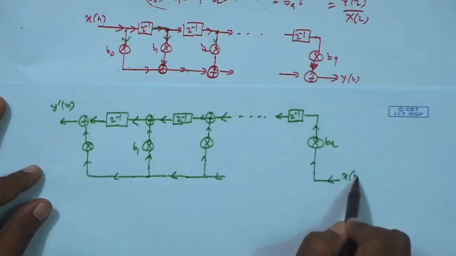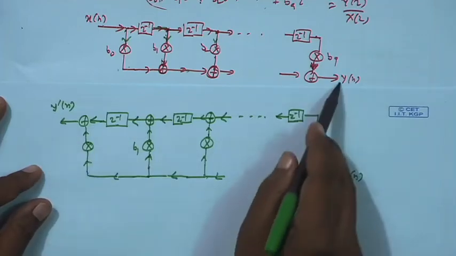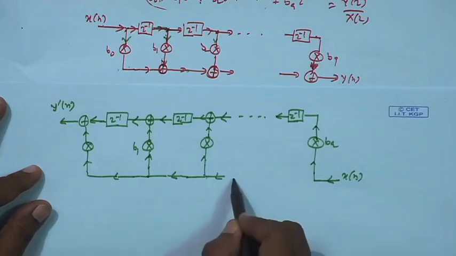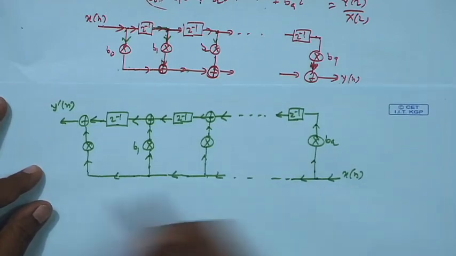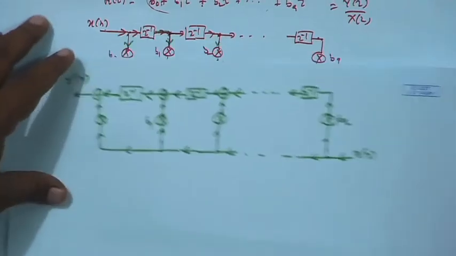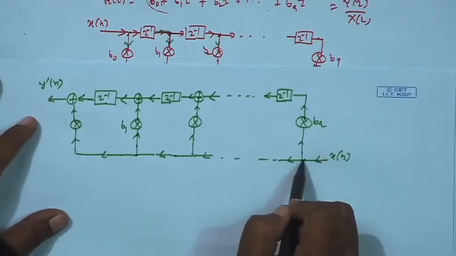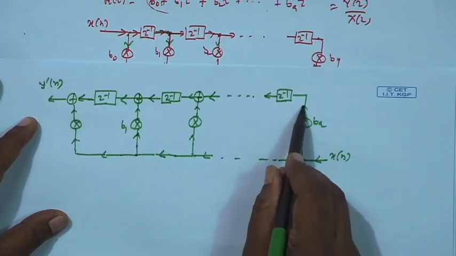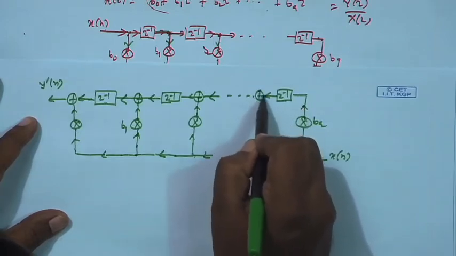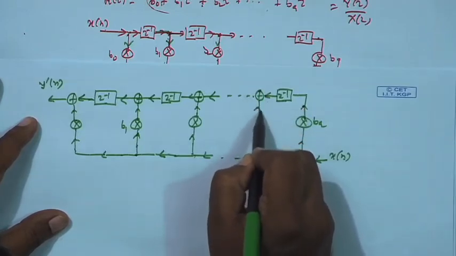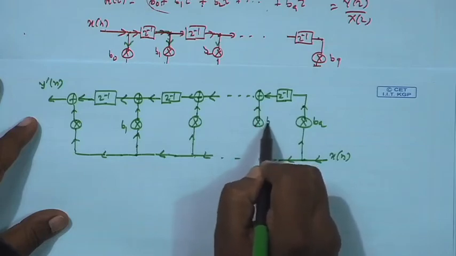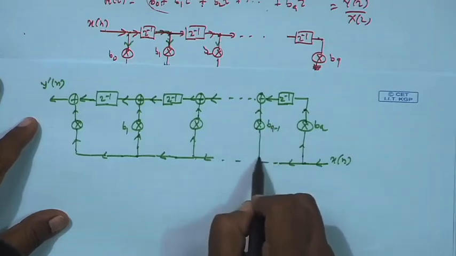I give the same input now, input output exchange. This is the input now, in this direction, right. This is a structure. These two structures are equivalent, because what is happening here is the x(n) is going in this path. There is an adder again. Let me draw b(q minus 1).